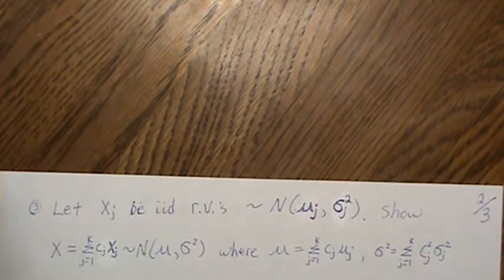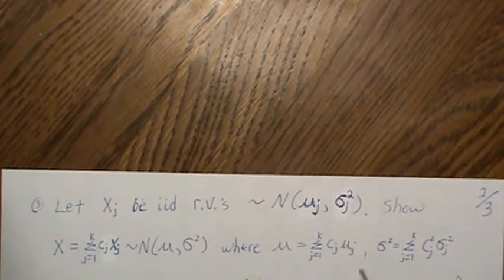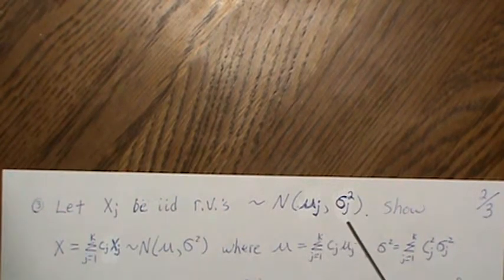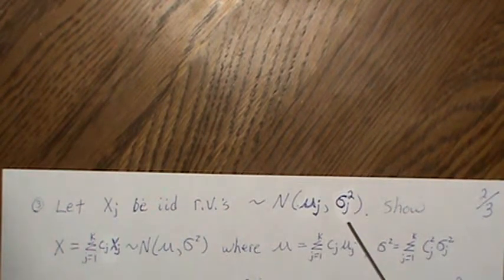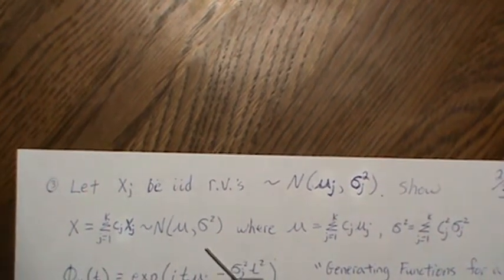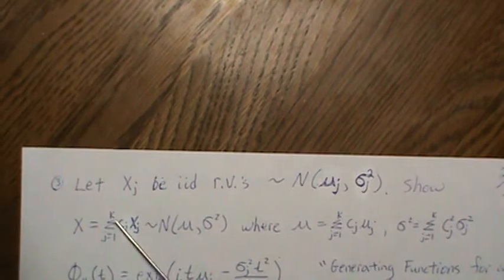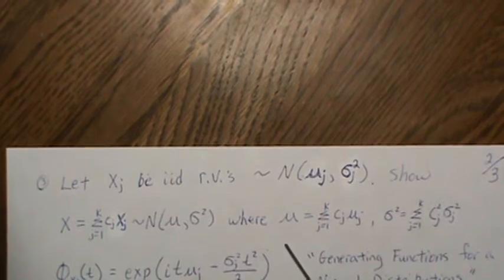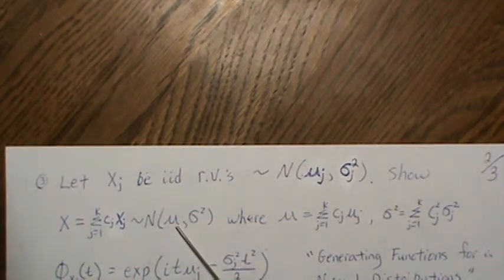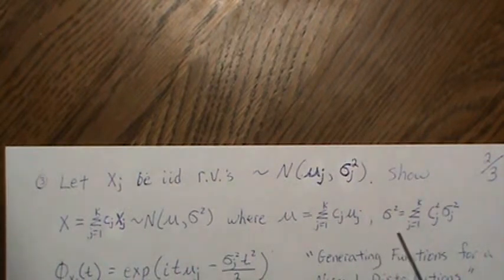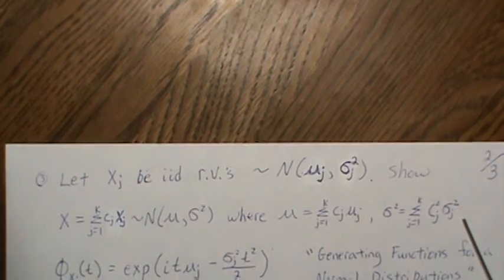Now let's let X_j be IID normal random variables with mean mu_j and variance sigma squared_j. We want to show that this linear combination, the sum of c_j X_j, is again normal, where mu, the mean of this linear combination, is the sum of c_j mu_j, and sigma squared is the sum of the c_j squared sigma_j squared.